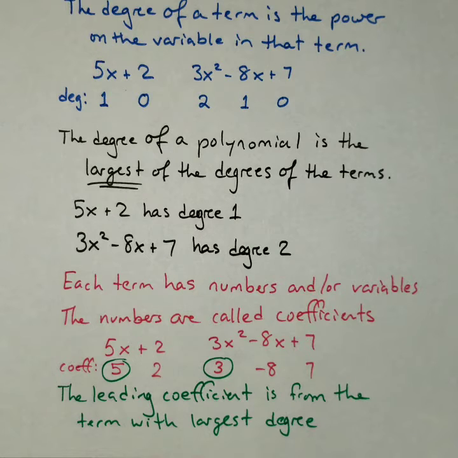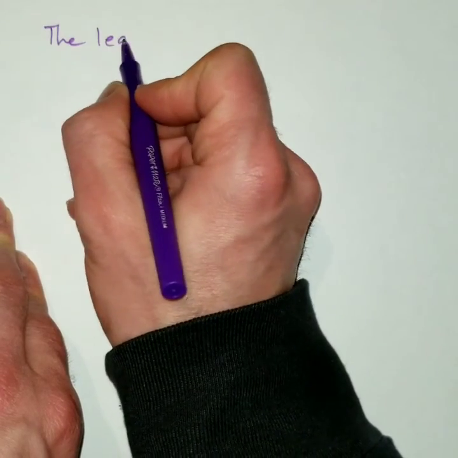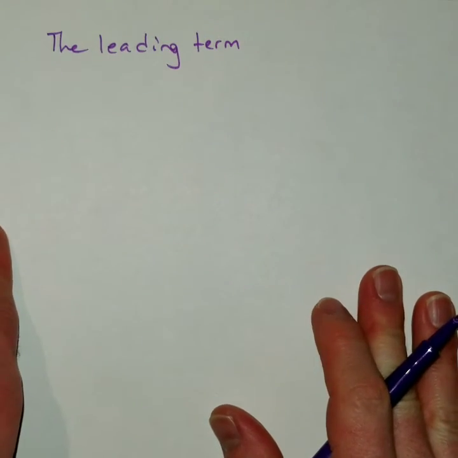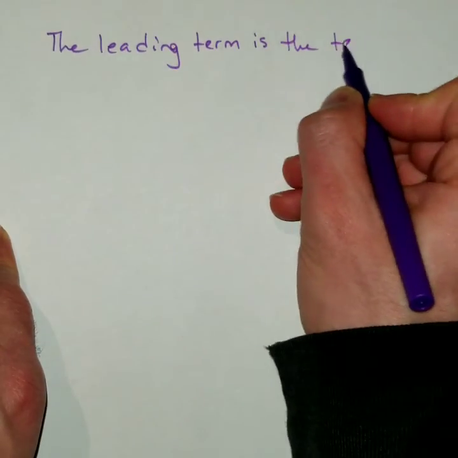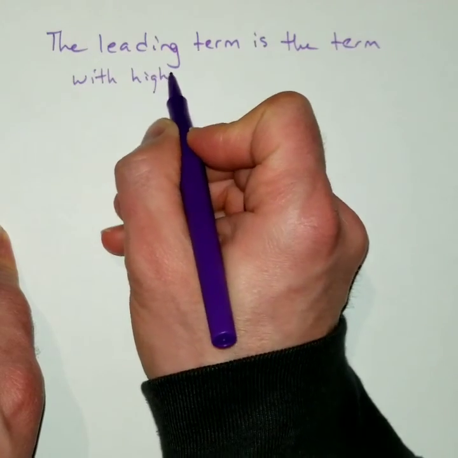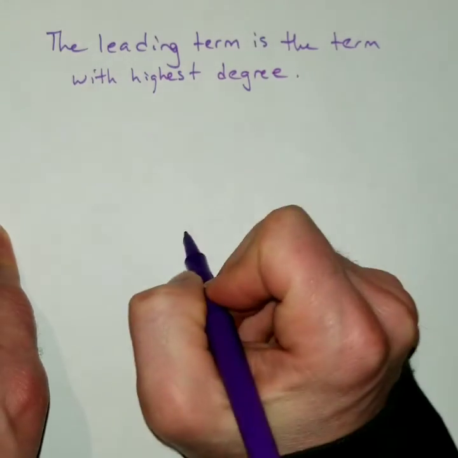Okay. All right, a couple more definitions here before we move on. The next one would be the leading term. The leading term in a polynomial is the term with highest degree.